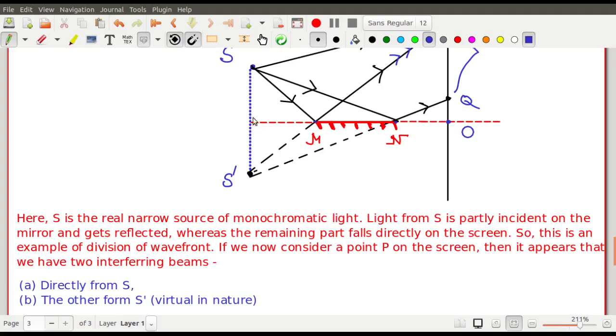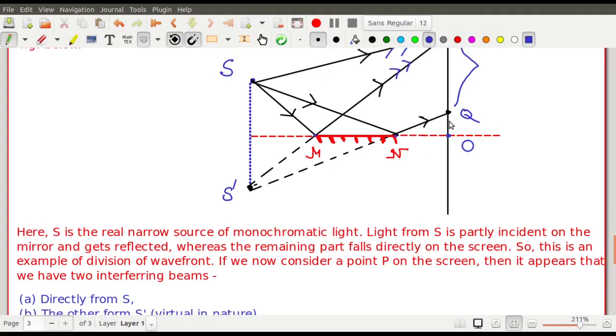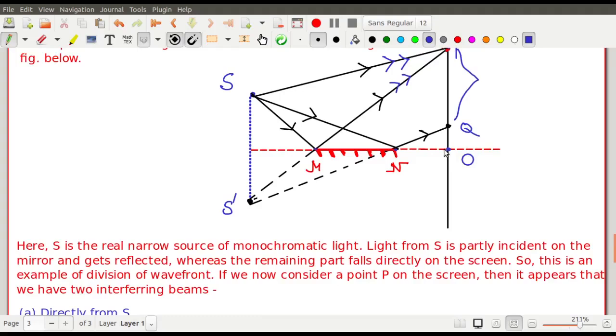What do you mean by the central fringe? You just join the two sources, bisect it with a perpendicular line. The point where the perpendicular hits the screen is the position of the central fringe.